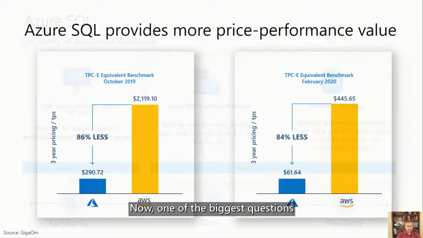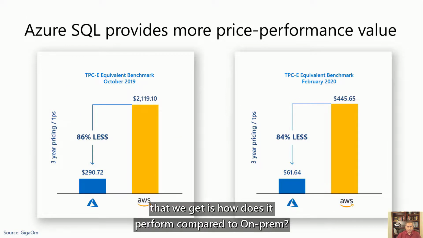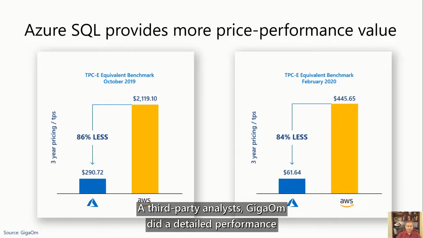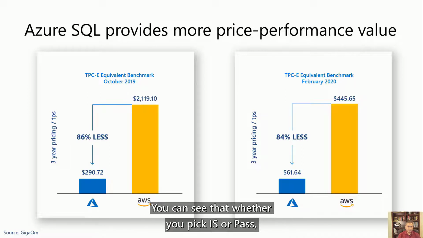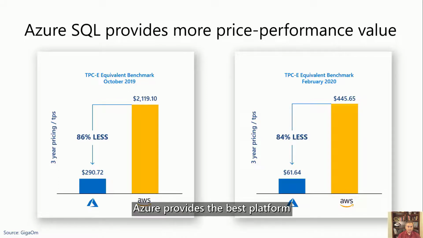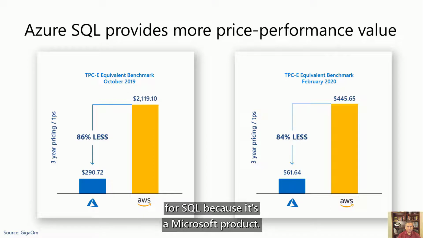Now, one of the biggest questions that we get is how does it perform compared to on-prem? A third-party analyst, GigaOM, did a detailed performance benchmark of Azure SQL, comparing it with Amazon, and you can see that whether you pick IaaS or PaaS, Azure provides the best platform for SQL because it's a Microsoft product.